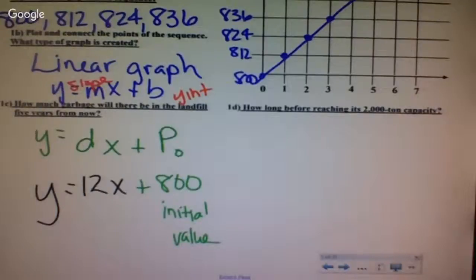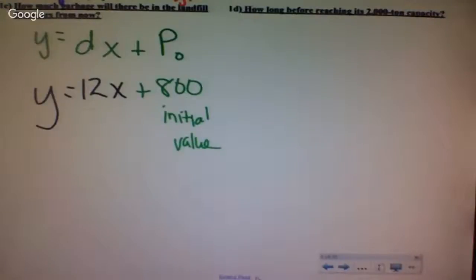Okay, so 1C says, I'm now 5 years in the future. I want to know how much garbage I will have if I'm 5 years in the future. Okay, so the first thing I need to ask myself is, 5 years, I need to change that to months. 60 months. 5 years is 60 months, because remember, my landfill's getting filled by the month, not by the year.